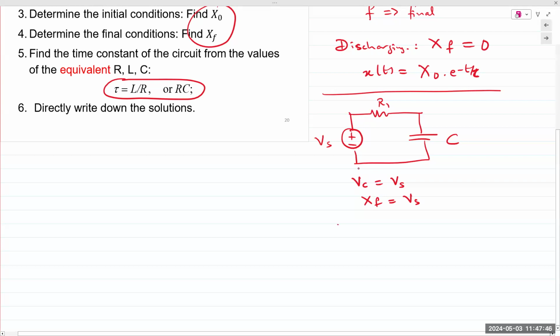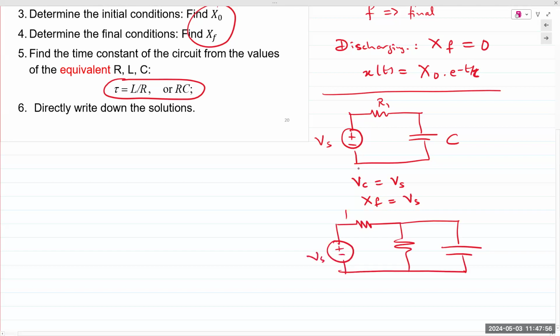How about for this circuit? You have a capacitor, a voltage source Vs, R1, R2. Is Vs still being applied directly to the capacitor? No, it's not, because it's going through R1 and R2.